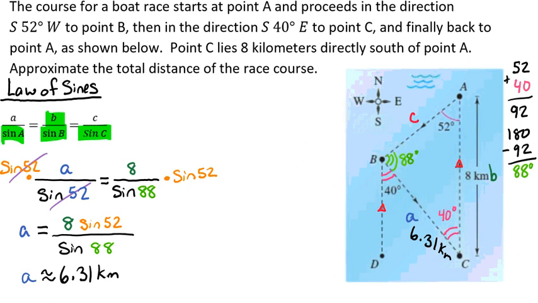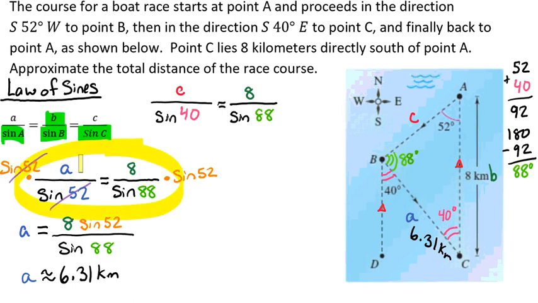Now we just need to find side C. Let's set that up. We have C over the sine of 40 equals 8 over the sine of 88. This is really close to how we set up looking for A, which means we're going to multiply both sides by the sine of 40, because that allows us to get C by itself.